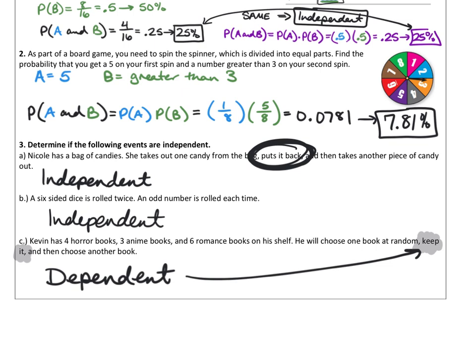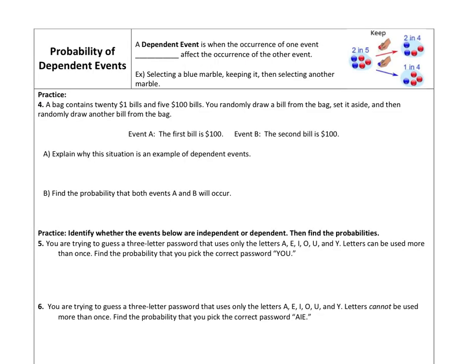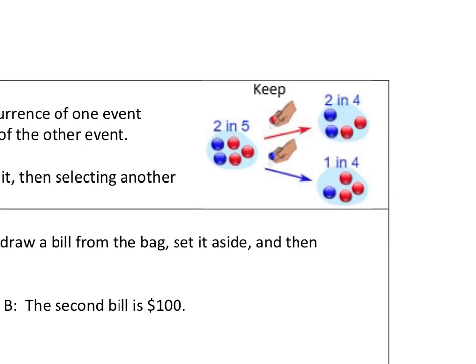Okay, when you're ready to go to the back, we're going to start talking about dependent events in more detail. Now, just like Kevin's book example, when we have a dependent event, the occurrence of one definitely does affect the occurrence of another. So let's highlight these words. This is a dependent event. Whatever happens first totally affects what happens second. So if you look at the example they gave you up here with the picture, it says we have our marbles in our hand.